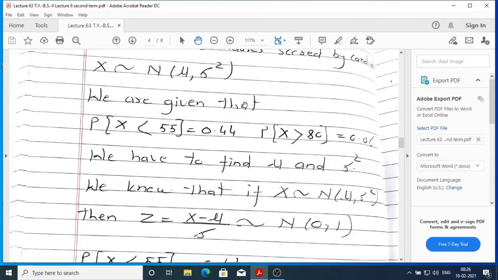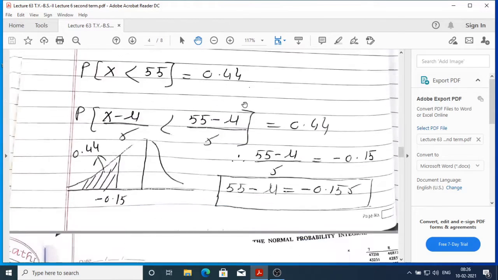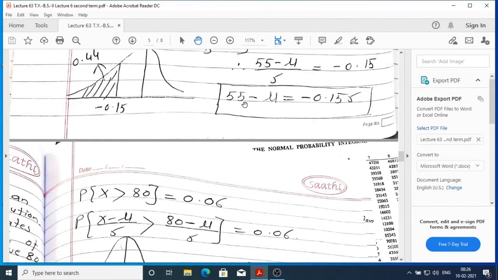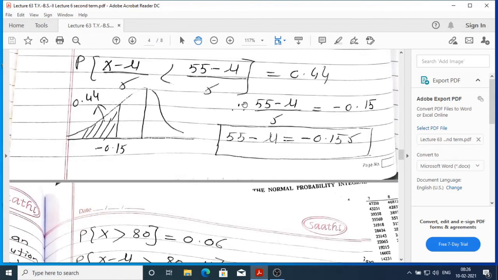So we can say that the ordinate is minus 0.15. So (55 minus mu) upon sigma is equal to minus 0.15. So we can get one equation with the help of this information. So we can write 55 minus mu is equal to minus 0.15 sigma.